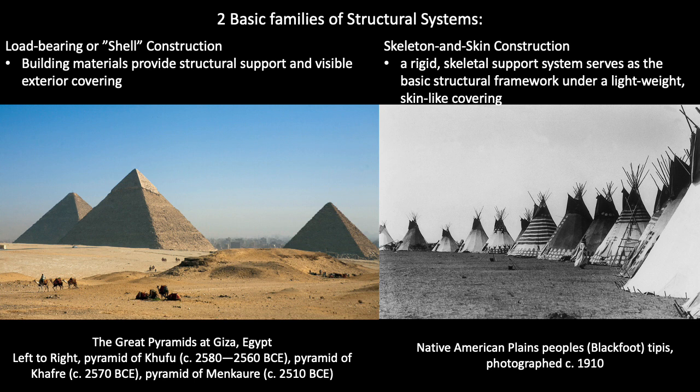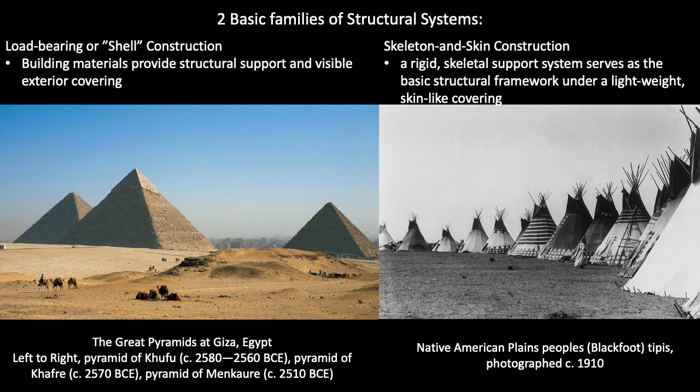The largest of the three pyramids at Giza is the Pyramid of Khufu, which contains an estimated 2,300,000 blocks of stone, calculated to weigh an average of 2.5 tons each. Most, although not all, ancient architecture tends to fall within this shell or load-bearing construction system.